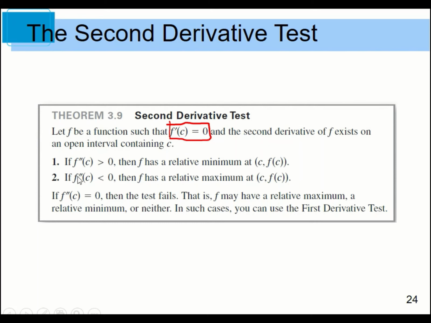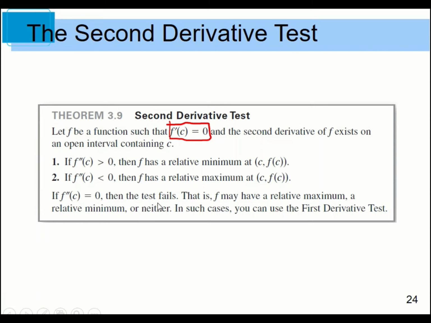And if the second derivative is a negative value, this point is a relative maximum point. Now, if the second derivative at this point equals 0, then this test fails.